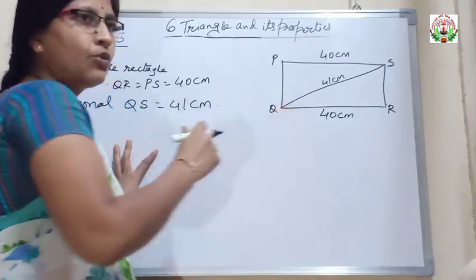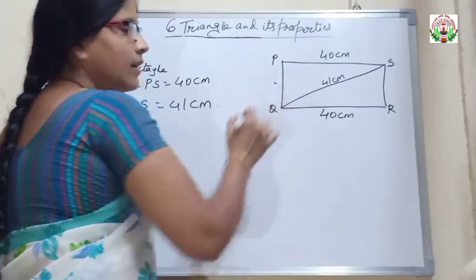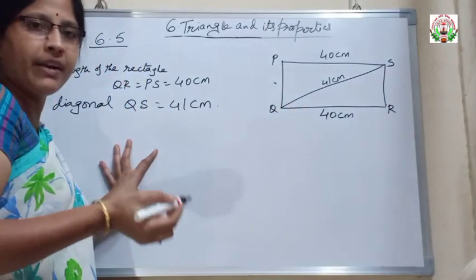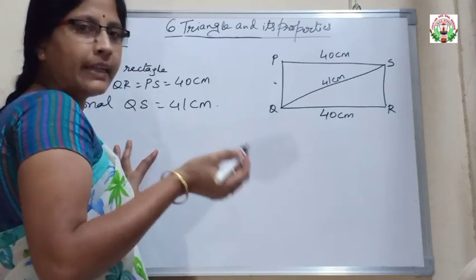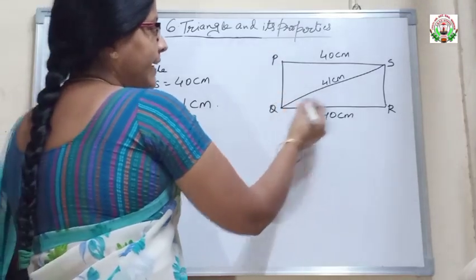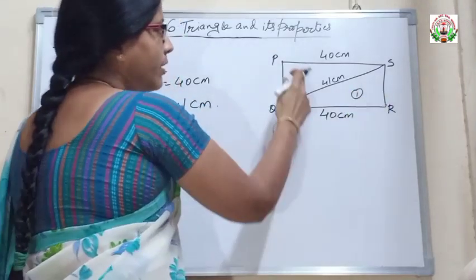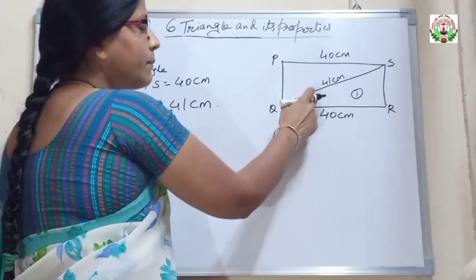For that, to find the perimeter of the given rectangle, we have to find this breadth. Then only we can find the perimeter of a rectangle, because the perimeter of a rectangle is 2 into length plus breadth. So we have to find this breadth. For that, let us take this triangle, because this diagonal is dividing this given rectangle into 2 equal parts.